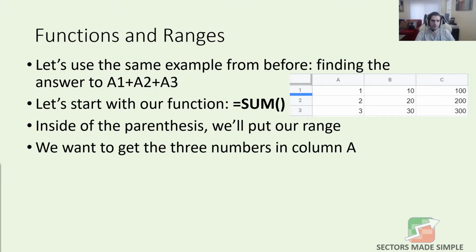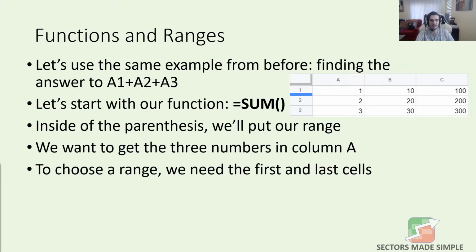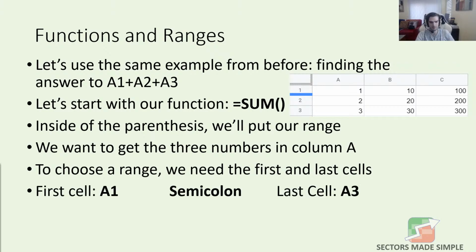What we want to do is get the three numbers in column A. To do this, we need the first and the last cell. So we'll take our first cell, A1, put the colon, and then the last cell, which is A3.